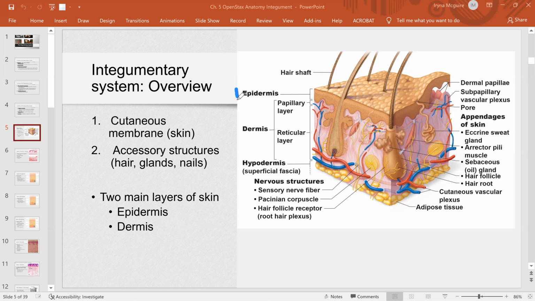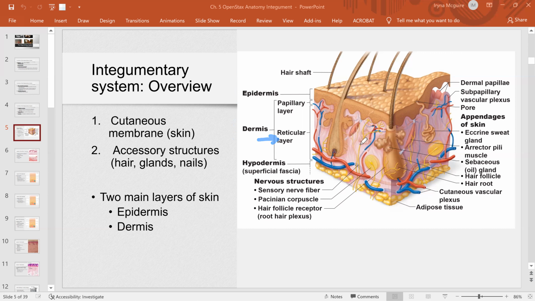But the skin is made of epidermis and dermis. You also can see that epidermis is an avascular layer. There is no blood vessel, and lots of blood vessels, right? Arteries, small arteries, capillaries, veins, venules in the dermis, right?